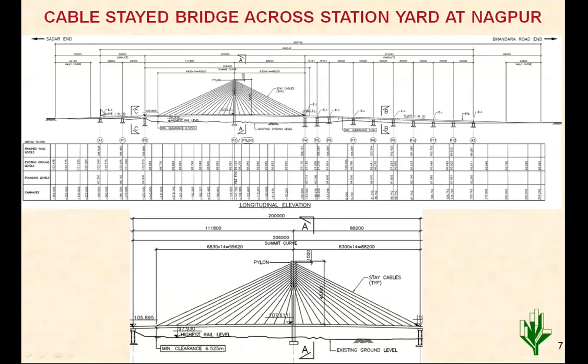So the longitudinal length available on the southern side was very restricted, and hence the height at point P2 was automatically restricted because of the longitudinal slope, and the vertical clearance is given by the railway for the railway track, which cannot be changed. So the available space for the superstructure is really very less, and there only this cable stayed bridge was the possible solution.